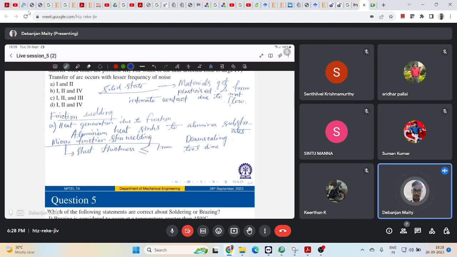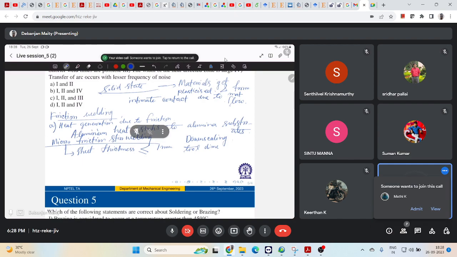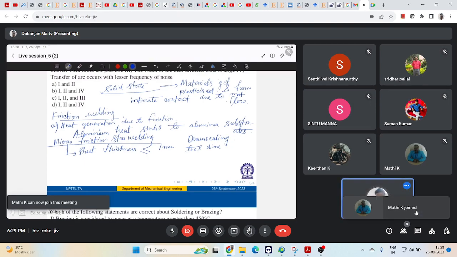If you are using a large dia tool over, say, a 500 micron sheet thickness, what will happen because of axial thrust? It will basically tear up the material, right? That's why you have to have a very small dia tool.